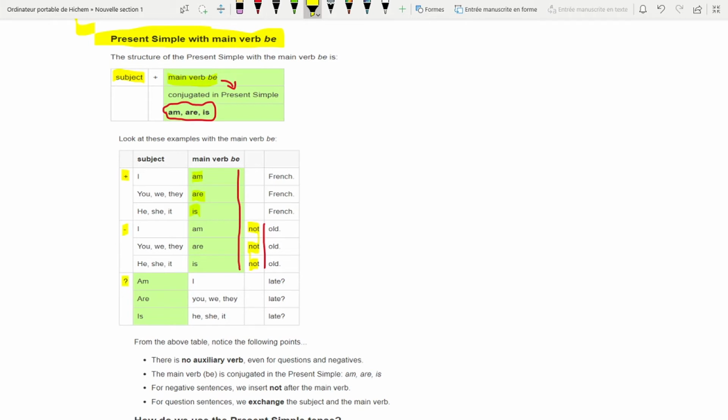Okay, we have the same concept. We are going to reverse. So we have I, it becomes in the place of the main verb, as you can see here. And the main verb be is put at first. Am I late? It's not I am late. I am late is a positive sentence.